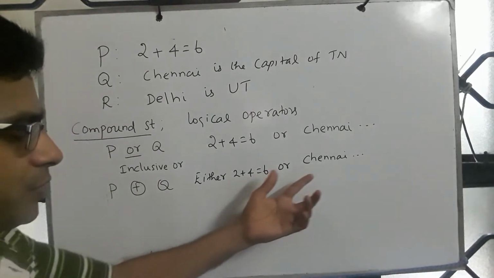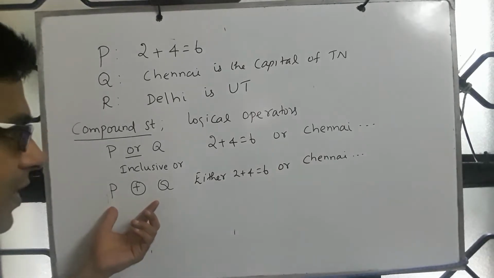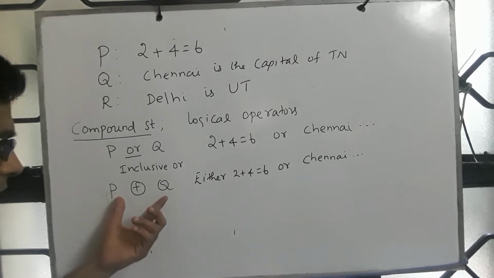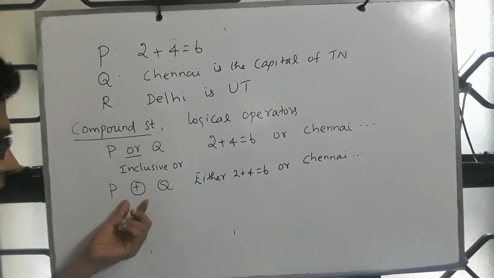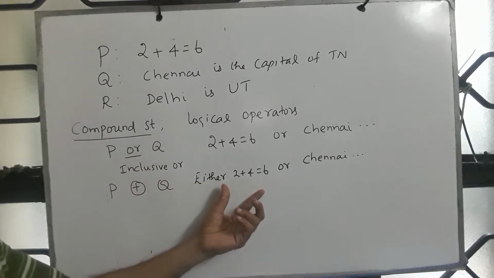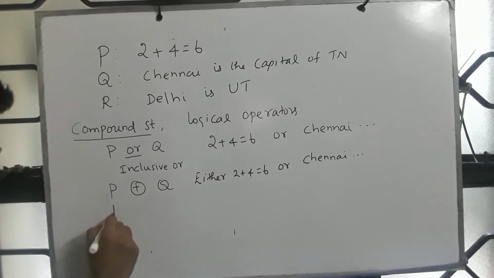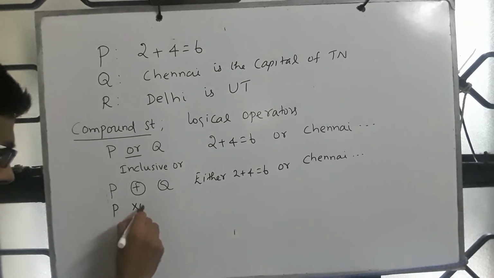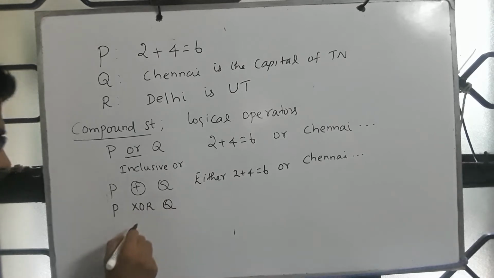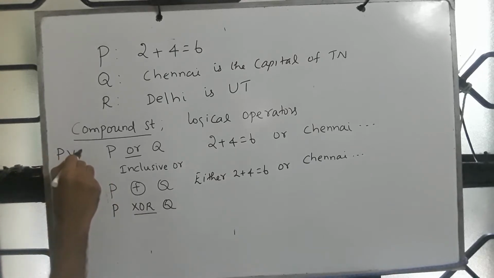They represent some propositions and we are relating them using the logical operator, and upon relating them using this or operator, we would like to know what is the truth value of this. And this is P exclusive or Q. We call it as XOR. The symbol is this. For this one, it is P or Q. Okay.